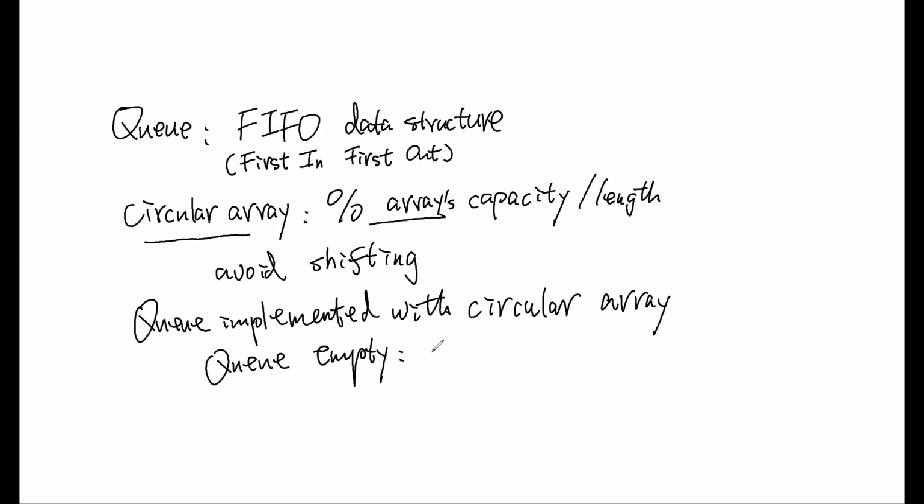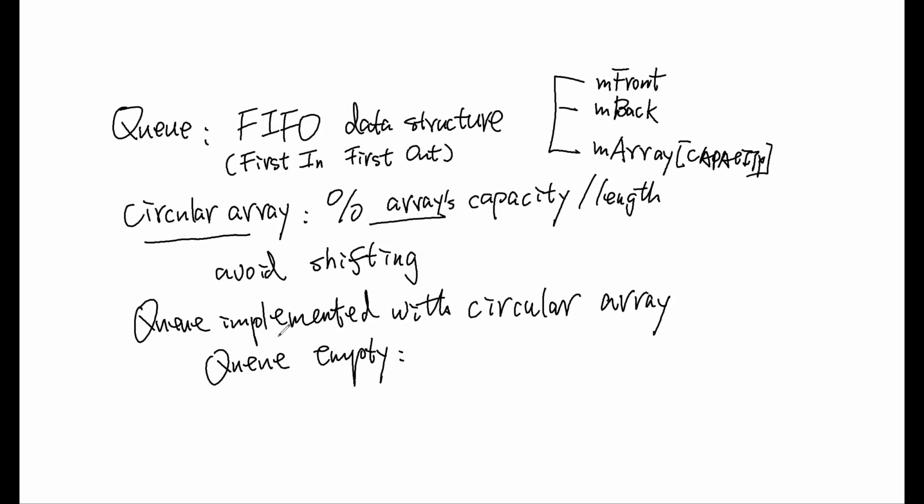So when the queue is empty, how can you know? Generally speaking, when we discuss a queue implemented with an array, we have 3 instance variables: the front index, the back index, and the array with a certain capacity.